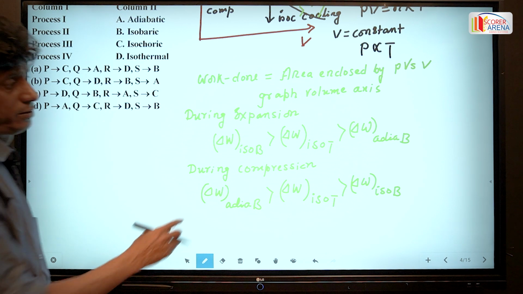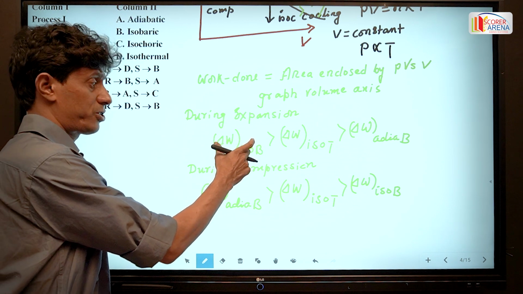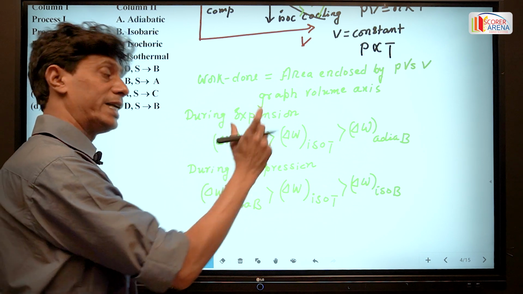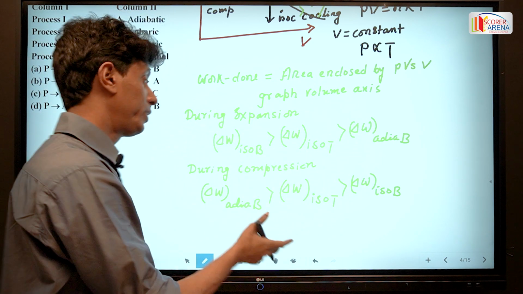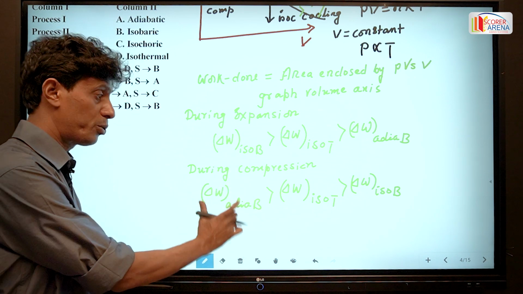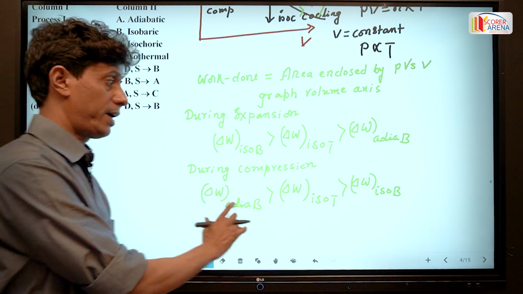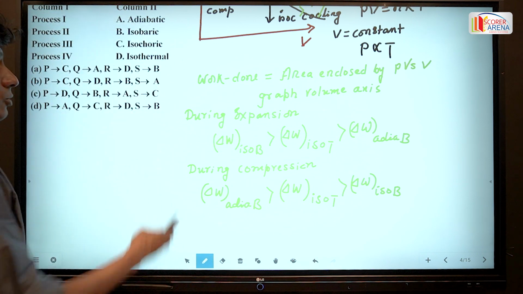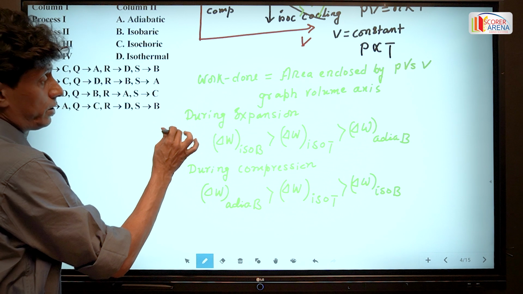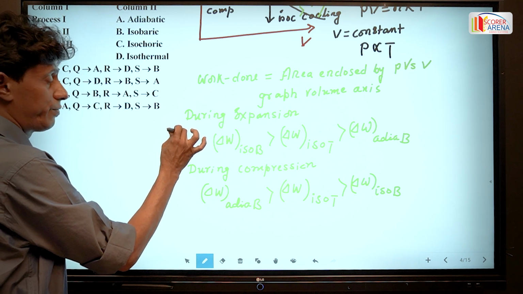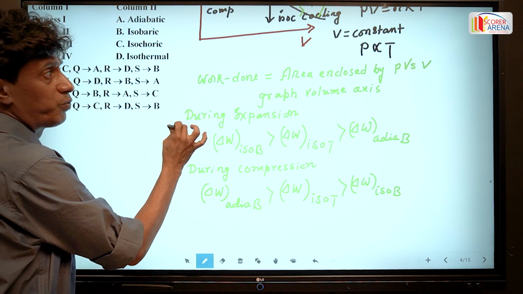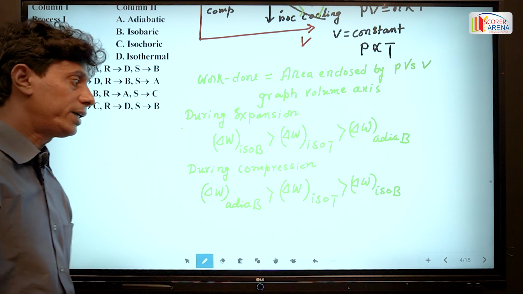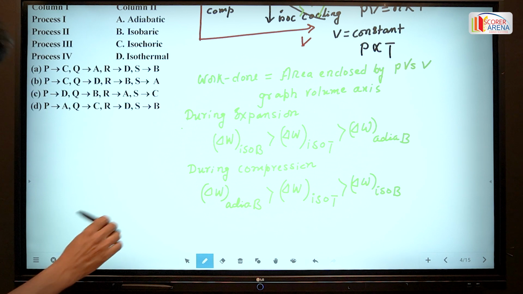During expansion, work done by the gas is highest in isobaric process and least in adiabatic process. But during compression, work done in adiabatic process is highest and work done in isobaric process is least. So this is the interpretation of the P versus V graph in 4 processes: isobaric, isochoric, adiabatic and isothermal process.